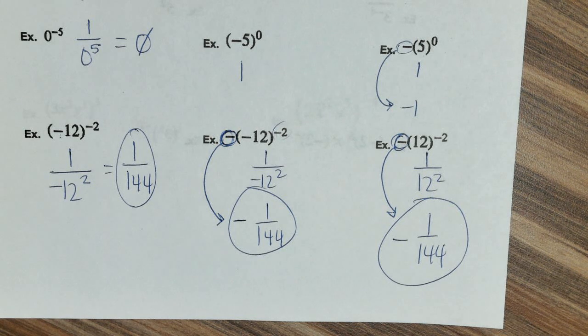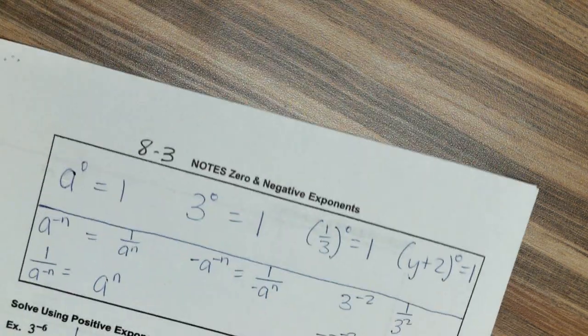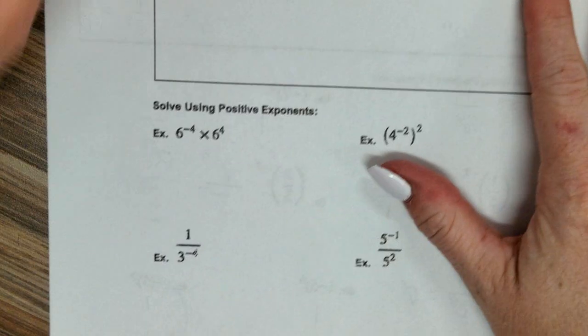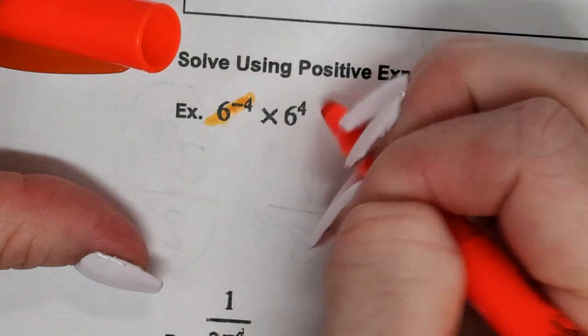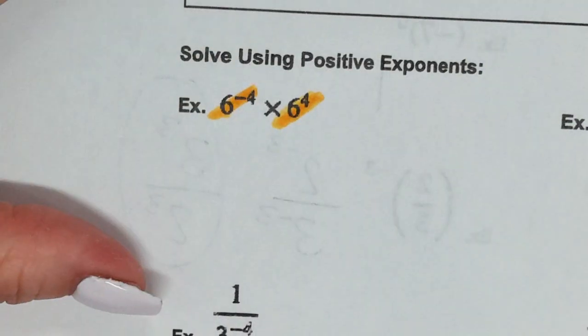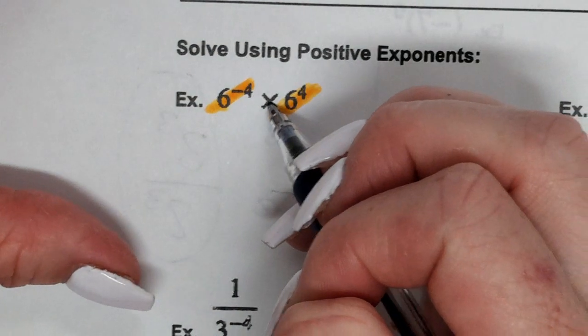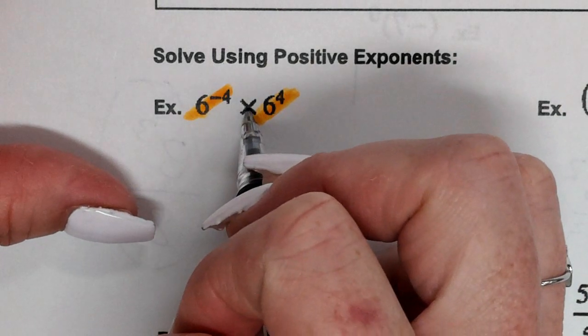Okay, you'll want your highlighters at this point. Here we go. We're going to use all the rules that we've learned. So look at the first example. Are their bases the same? Yes. What is going on right here? Multiplication.